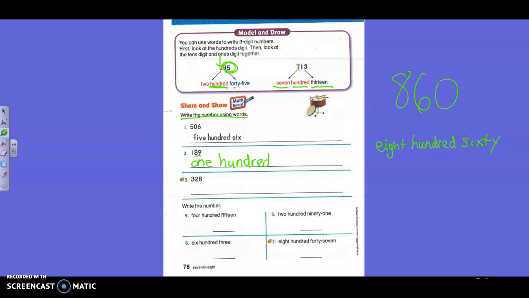89. How do you write the number 8? Look in your word book. E-I-G-H-T. Yes, and you're going to write Y at the end. Yep, and then a hyphen, and then the number 9.